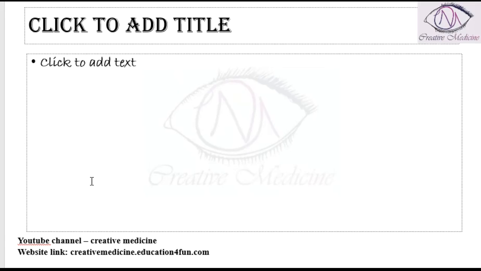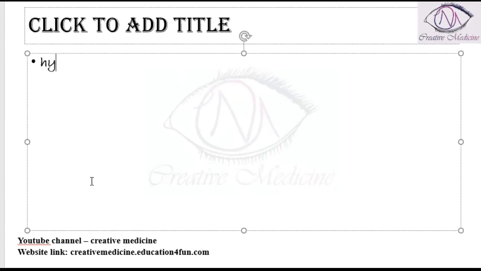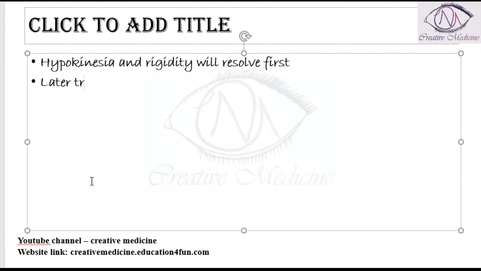So on giving levodopa, first and foremost, hypokinesia and rigidity will resolve first. Later, tremors will resolve. Then we have secondary symptoms. What are the secondary symptoms?